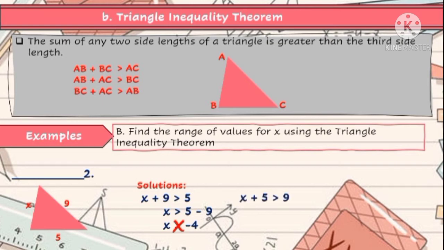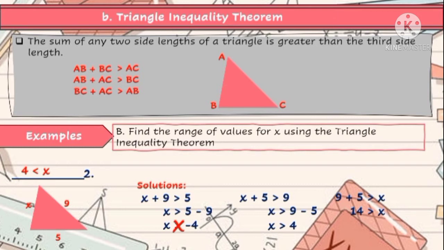For the second solution, I add x and 5, which is greater than 9. Simplifying it, x is greater than positive 4. So this is our first answer: 4 is less than x.